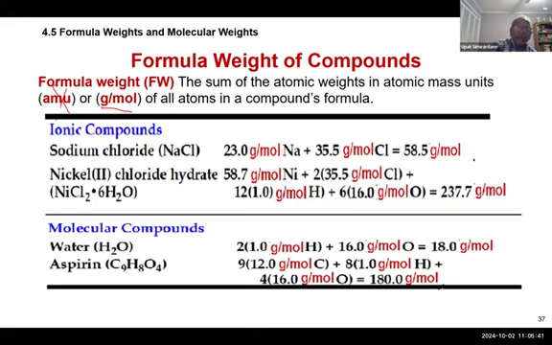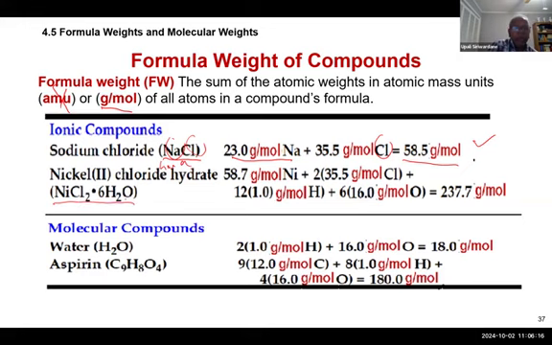If you look at sodium chloride, how do you get the formula mass? You add up sodium. There's one sodium here, one chloride here. Therefore, add up to 58.5. That's the grams per mole units. Nickel hexahydrate. That's hexa.